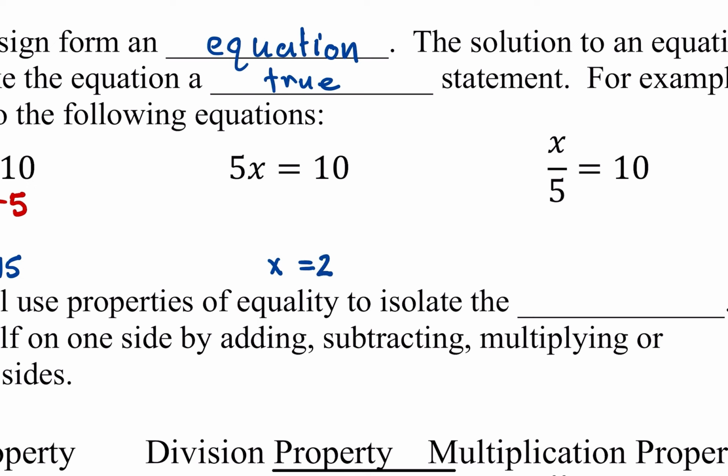To do that systematically, I'm going to choose to divide this by 5, and then I must also divide that by 5. Again, 5 divided by 5 right here is going to be 1. So this is technically 1x, but 1 times anything is the anything, so we can just leave that as x. Let's do that.